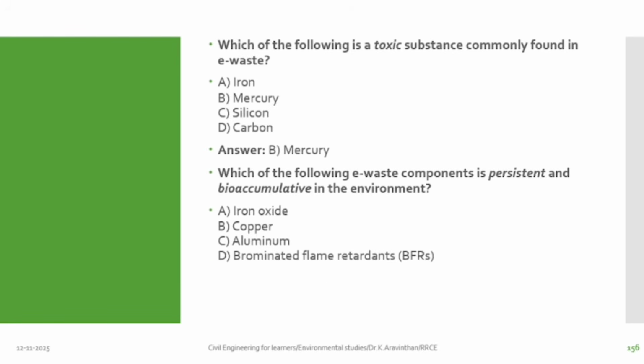Which of the following e-waste components is persistent in bioaccumulation in the environment? Bioaccumulation, I have told you. Which of the e-waste components have this bioaccumulation? Brominated flame retardants. These retardants have this kind of bioaccumulation.